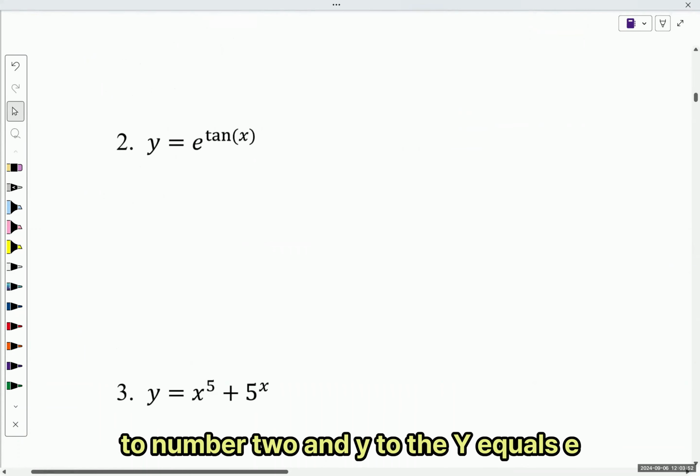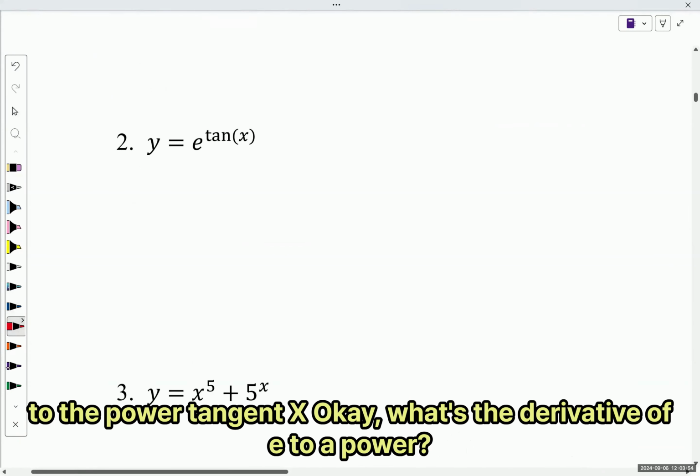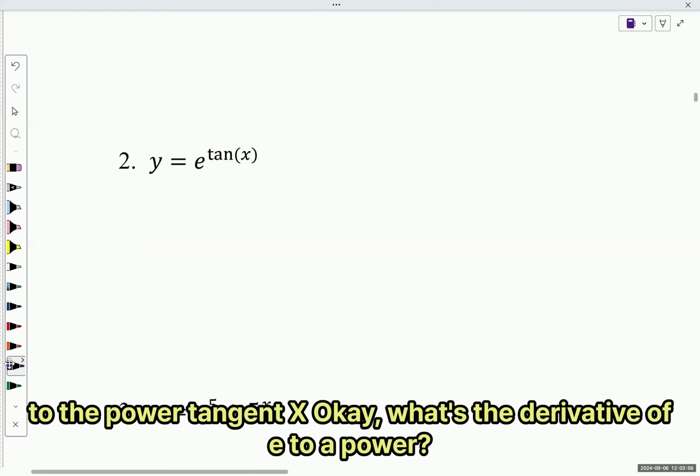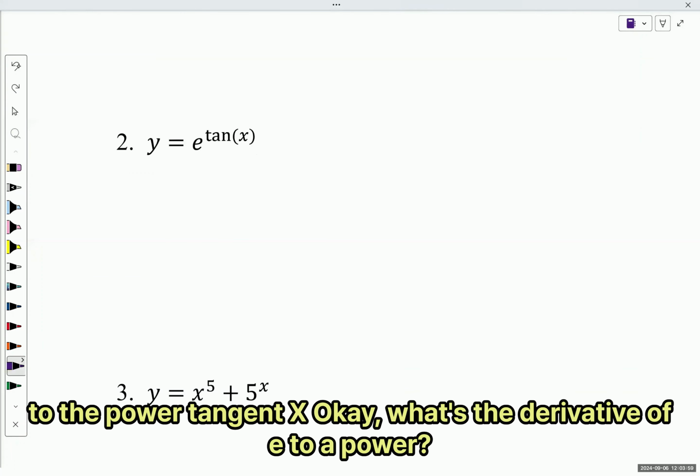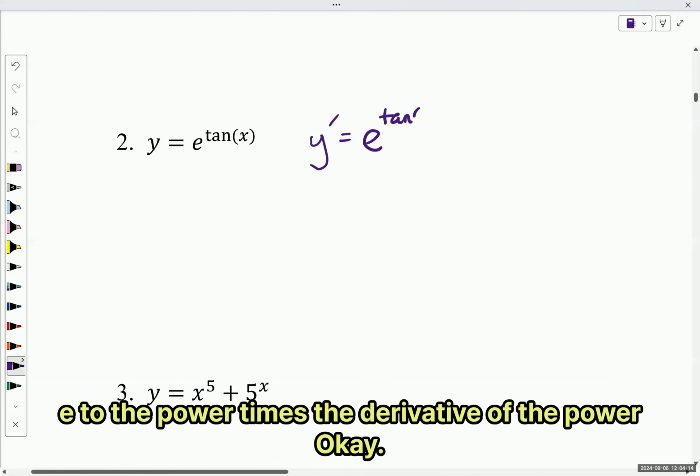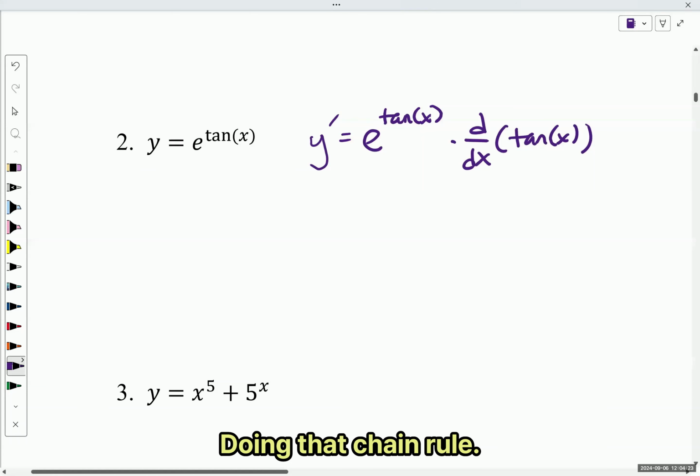y equals e to the power tangent x. What's the derivative of e to a power? E to the power times the derivative of the power. Doing that chain rule, right?